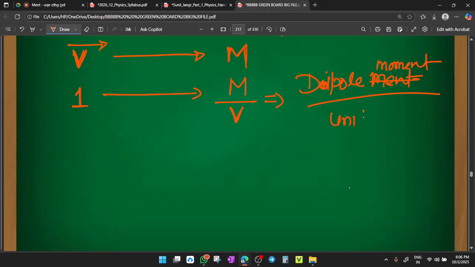Yes or no? The dipole moment per unit volume is called intensity of magnetization.